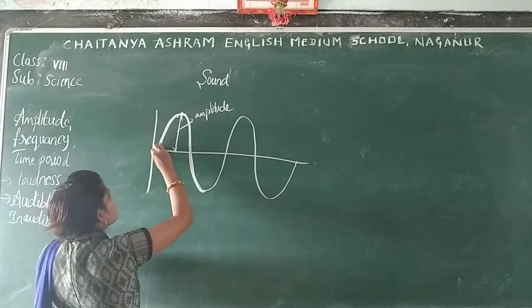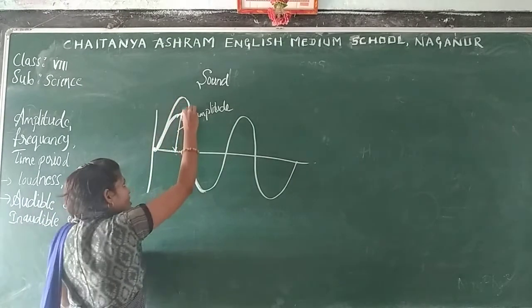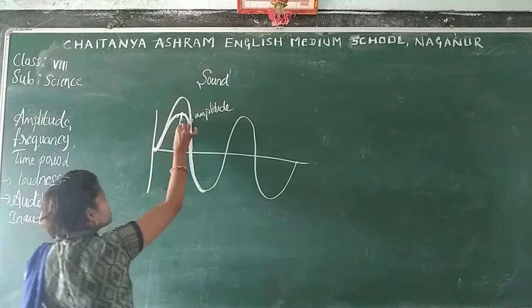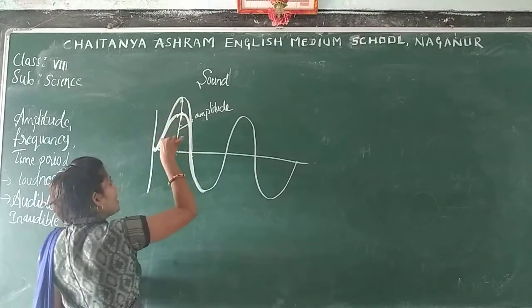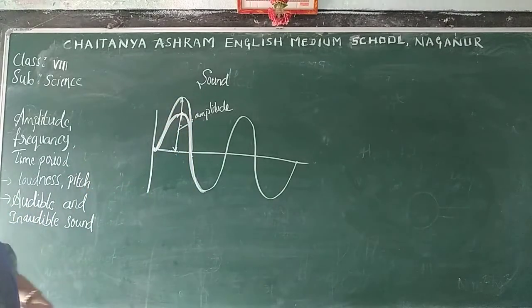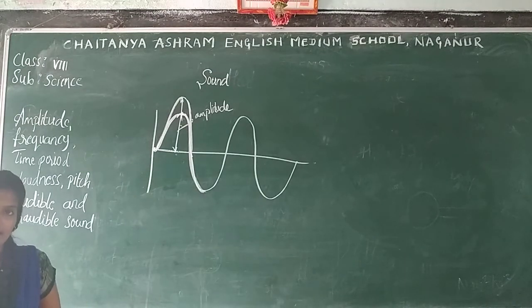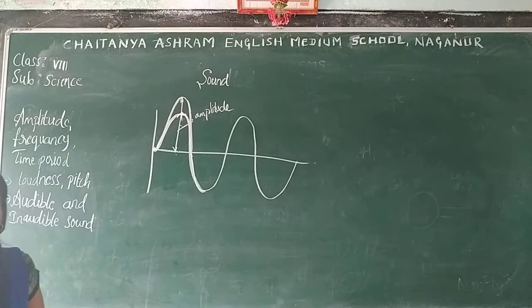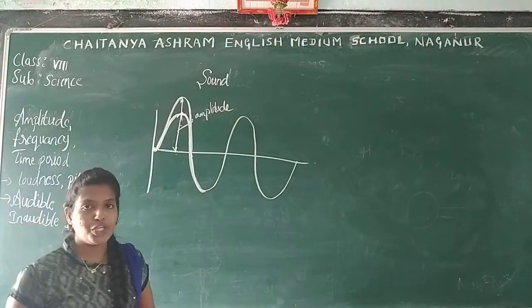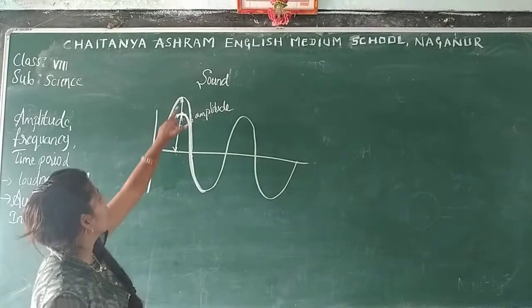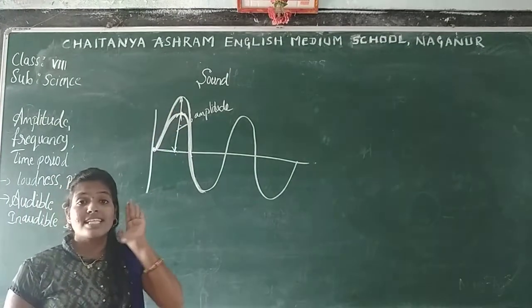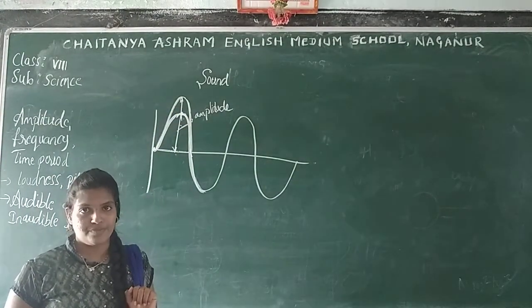So if the amplitude is this much, it means that sound we can call loudness. The loudness of the sound depends on the amplitude. If amplitude increases, that sound is loud.